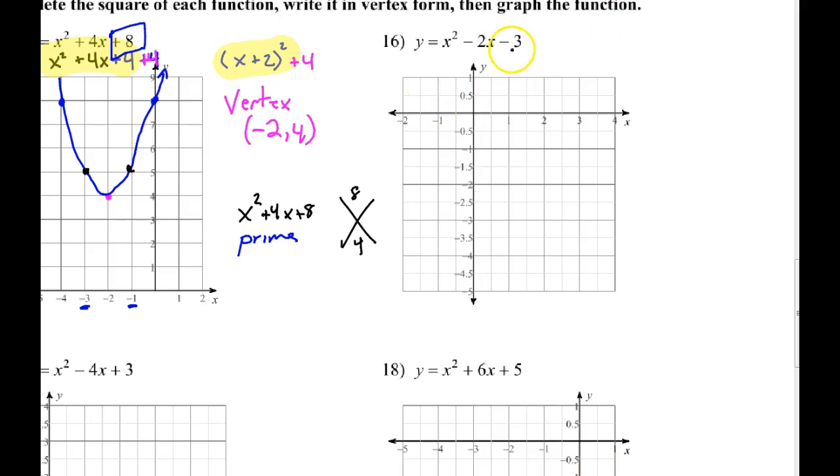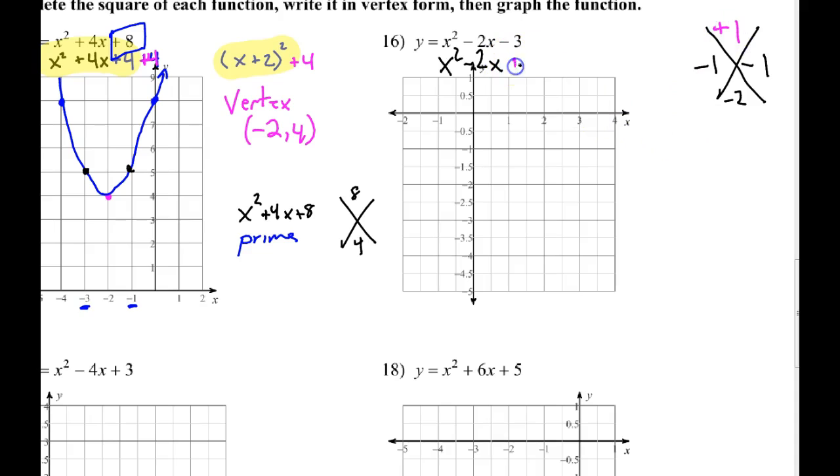So let's complete the square. What number do we need here? If you need to, keep writing it out until you don't need to. So add to -2. These two numbers have to be the same. -1, -1, which multiply to positive 1.